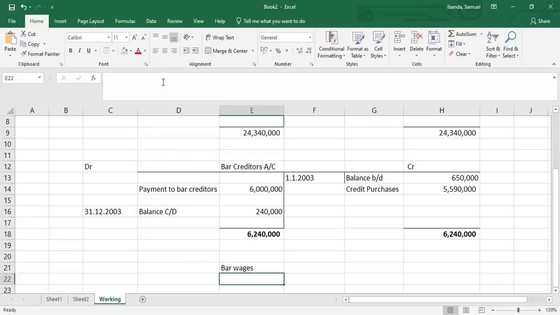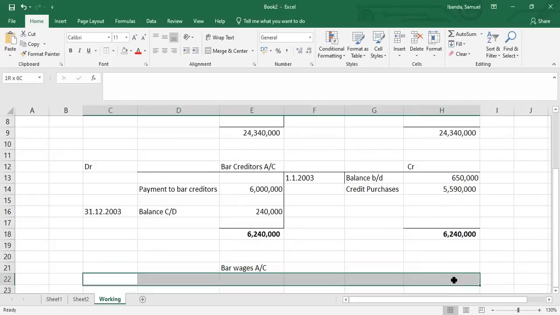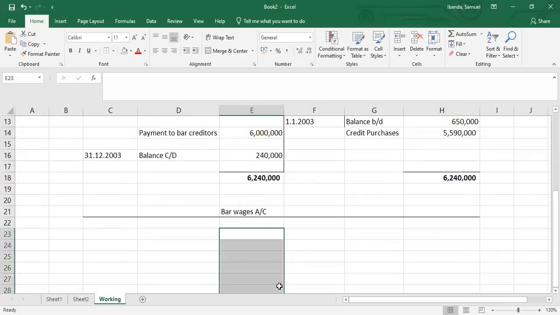This is a bar wages account. In the same way, I'm going to have balance brought down and balance carried down.